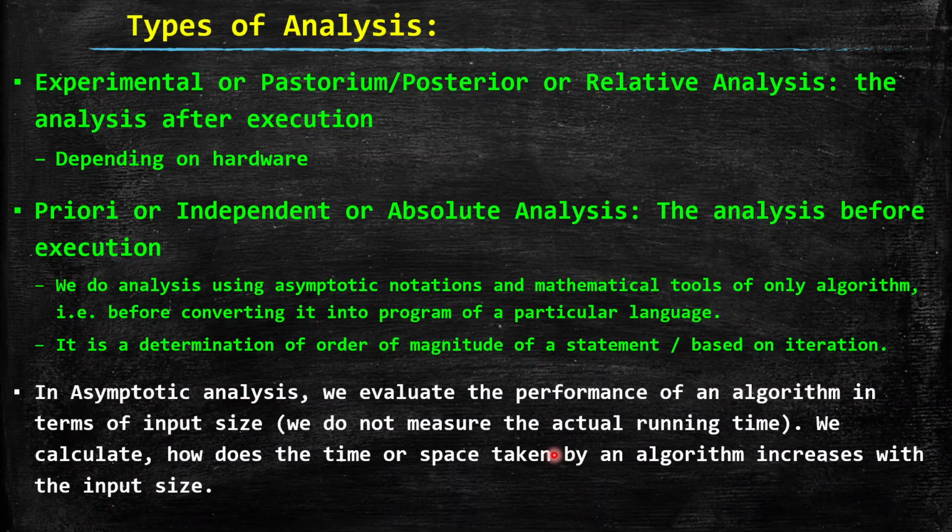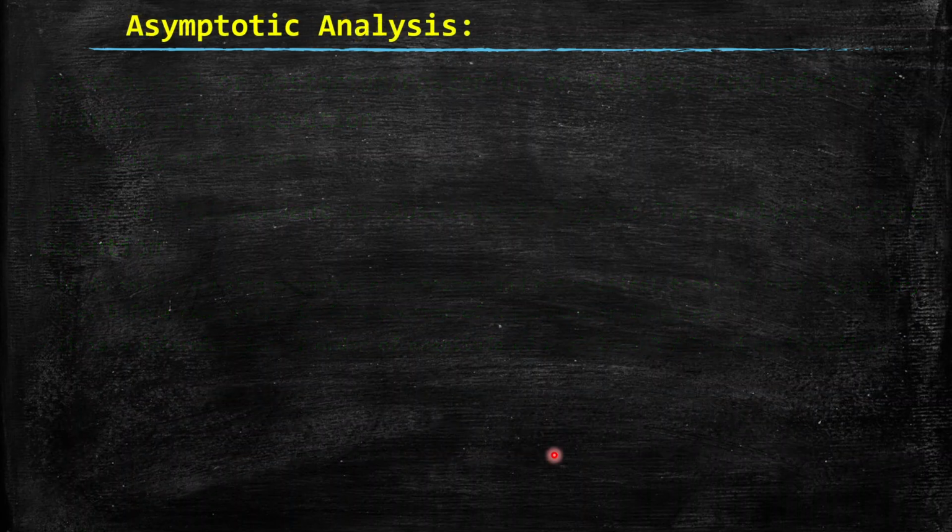We do not measure the actual running time. We calculate how the time or space taken by the algorithm increases with the size of the input data. This is really important.